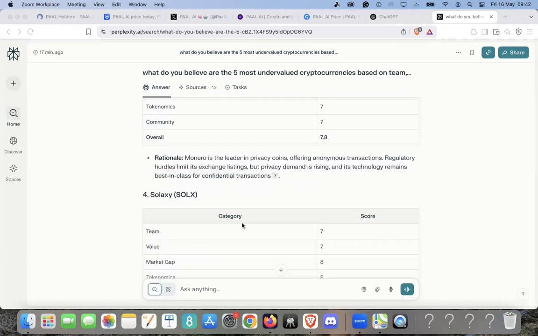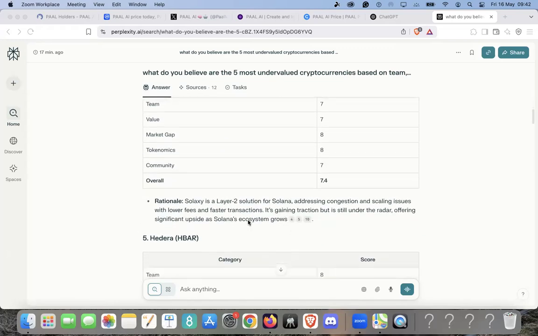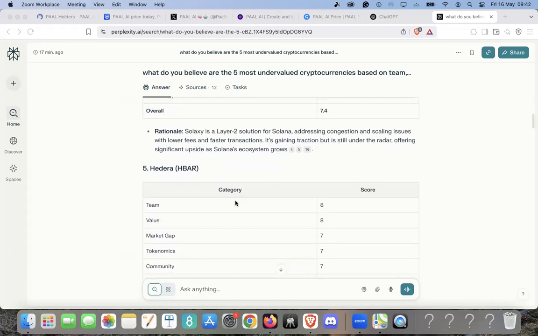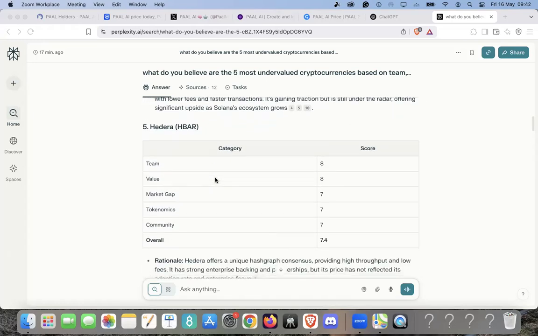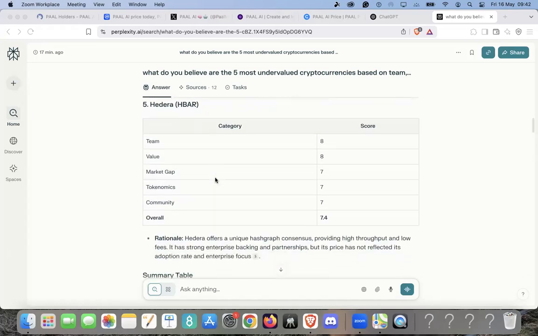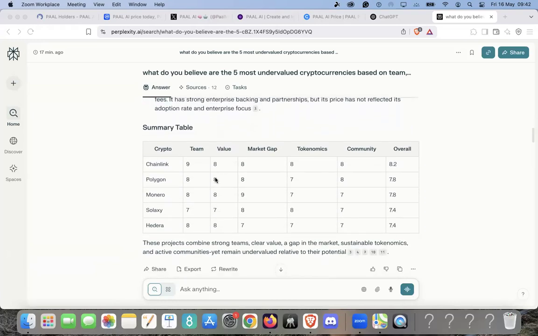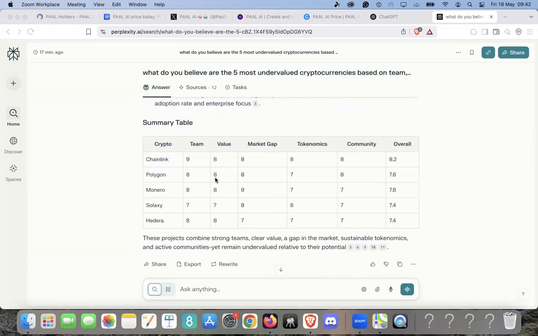Solaxi, now I've not looked into Solaxi, so I'm not even going to comment. And HBAR, yes, that is a coin that is going to likely do very, very well. So it's given me five fairly safe plays based on the initial results, giving Chainlink the top rating overall.